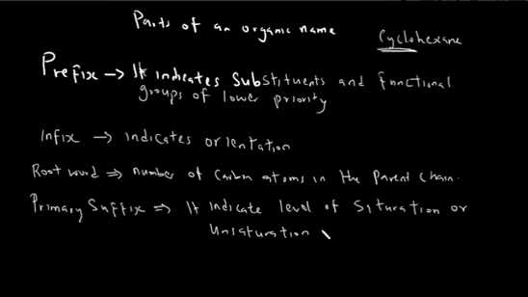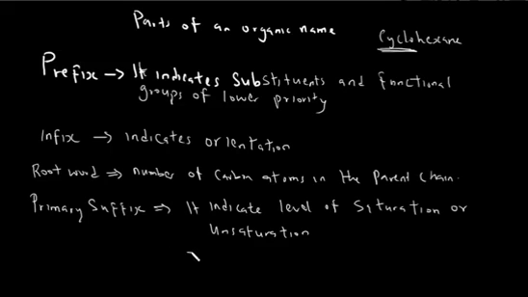Hello? No. Okay, good. I said it tells us if there is a single bond only, because if there is a single bond it will be an. If there is a double bond it will be en. If there is a triple bond it will be yn. Do you understand? Yes. Okay, good. So you can take note of that.